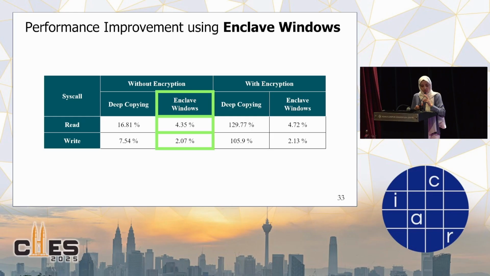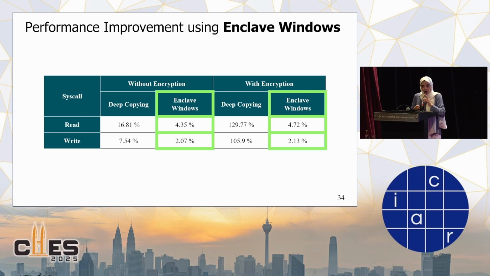In the other approach, the enclave memory is encrypted, so the parameters need to be decrypted for the OS to understand. That adds much more overhead. In the case of deep copying, the parameters are decrypted in software before copying them to the OS accessible memory region. But in the case of enclave windows, we perform the decryption in hardware using our memory encryption engine. So in this case, we are able to achieve much more significant performance improvements of around 98%.